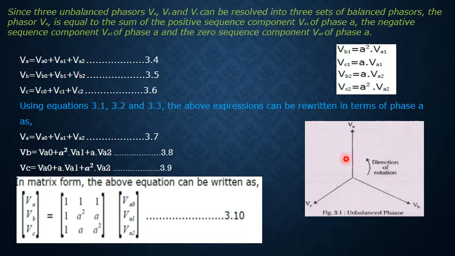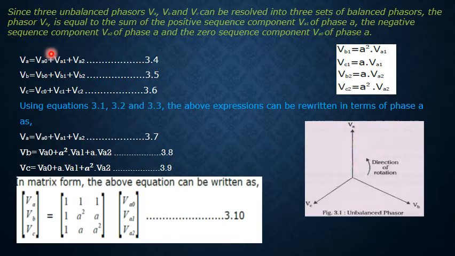Respectively we have the three components: for the positive sequence component, the negative sequence component, and the zero sequence component, we consider the respective phase. So phase A's value for the positive sequence component, phase A's value for the negative sequence component, and phase A's value for our zero sequence component.